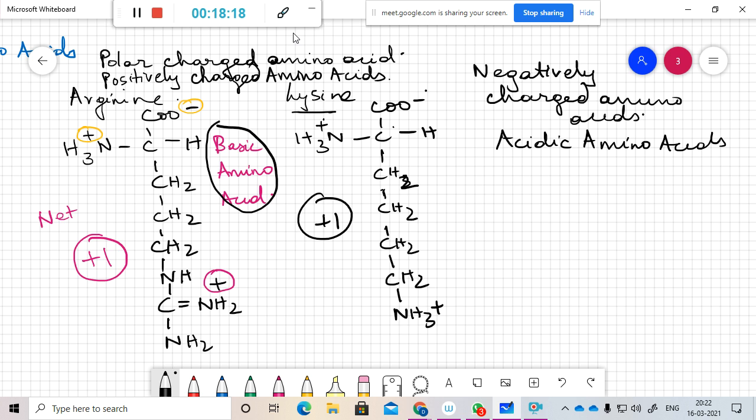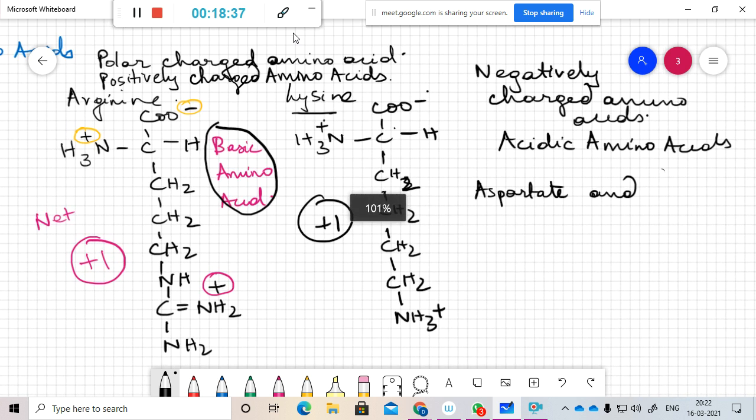Famous among them are aspartate and glutamate.